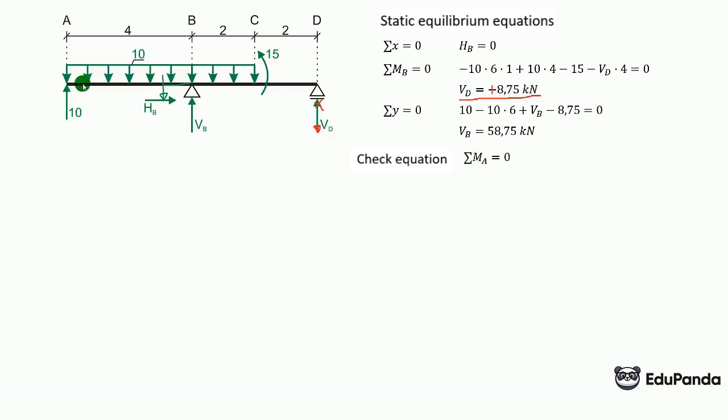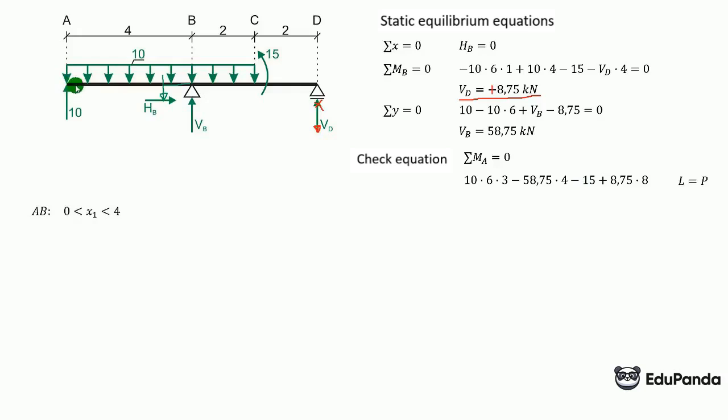As the sum of the moments at point A, right at the start of the beam, we have that 60 at 3 meters clockwise, so positively, which is 10 times 6 times 3, minus 58.75, meaning the reaction VB times 4 meters, minus 15 plus 8.75 at 8 meters. And the left equals the right here, it adds up to 0. The left equals the right, meaning the sum of the moments equals 0, so the beam is in static equilibrium.